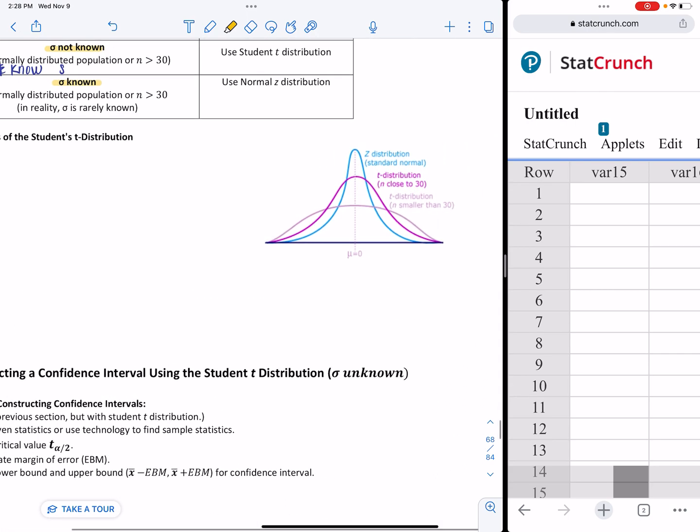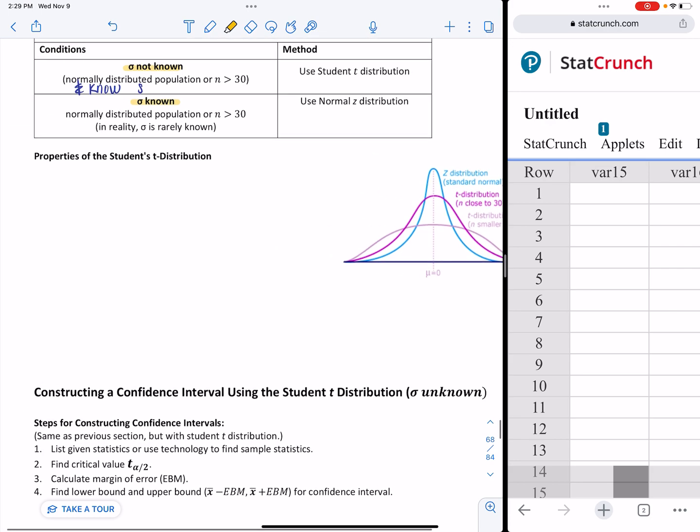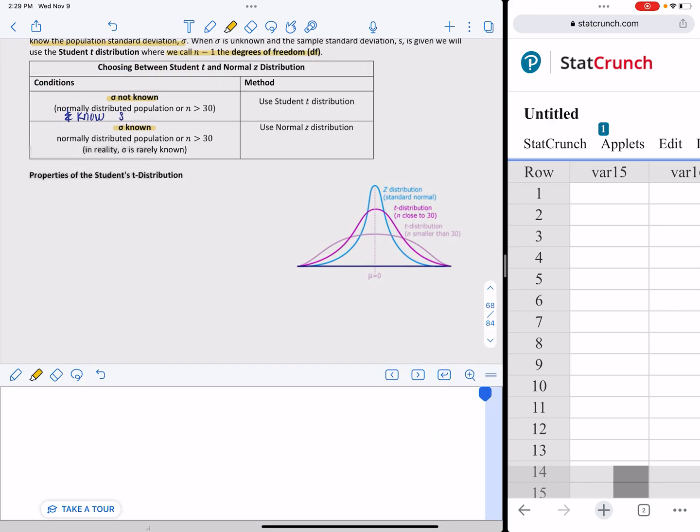Here's a picture of what it looks like, and we'll talk about some of its properties. Properties for the student t-distribution. The first one is that the student t is similar to the normal z-curve.